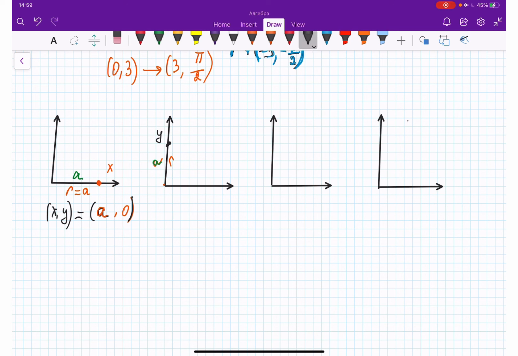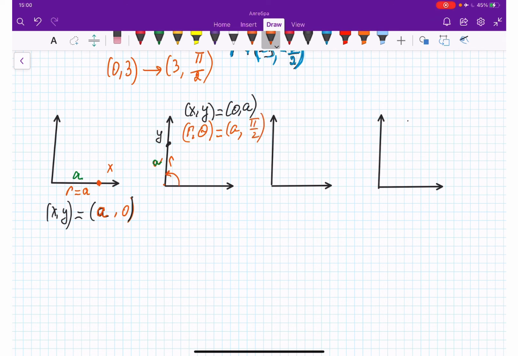So our (x, y) is equal to (0, a). Then r and theta: r is going to be a, and theta is going to be pi over 2, right?